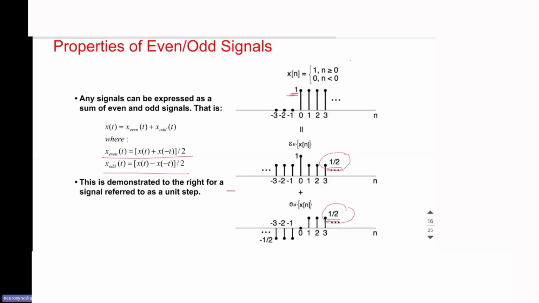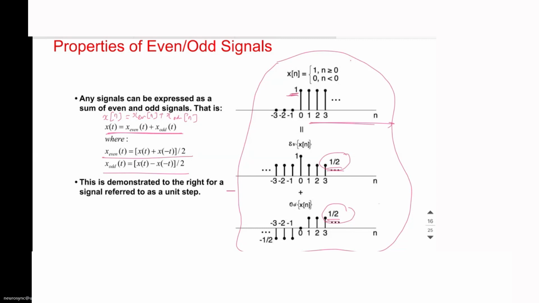Okay, this is shown in the discrete form, and this is written in the continuous form, but you can say that this is nothing but x of n equals x even of n plus x odd of n. Okay, like this you can say in the discrete form. So this signal is nothing but what? This is the unit step signal, because we have unit values on the positive axis.